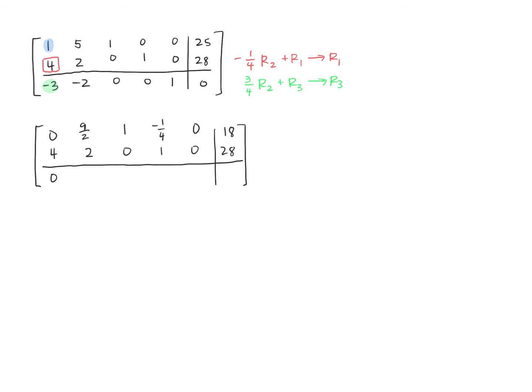Minus 2 is -1/2. 3/4 times 0 is 0, plus 0 is still 0. 3/4 times 1 is 3/4, plus 0 is 3/4. 3/4 times 0 is 0, plus 1 is 1. And then 3/4 times 28 is 21, plus 0 is 21.